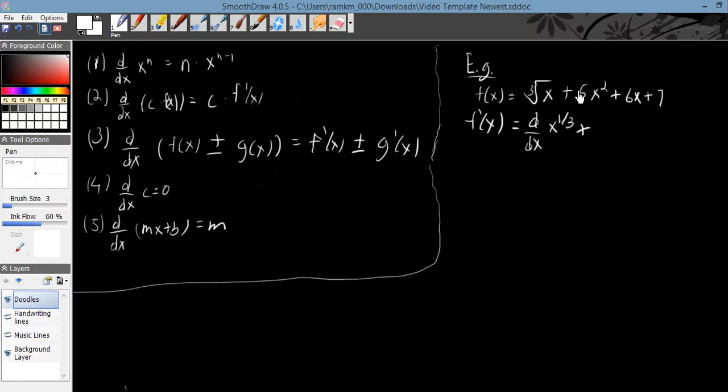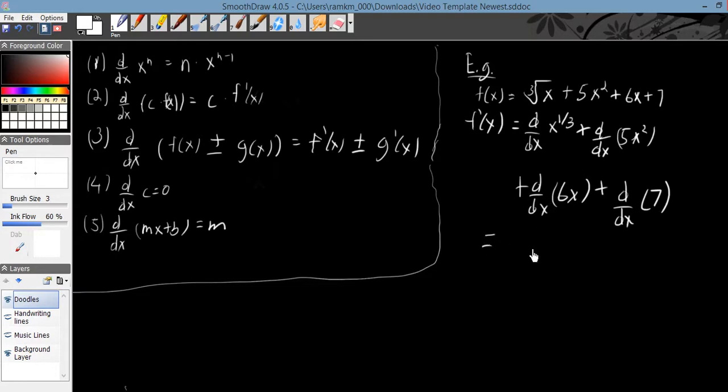Plus the derivative with respect to x of 5x squared. And then plus the derivative with respect to x of 6x. Plus the derivative with respect to x of 7. So this derivative here is just going to be 1/3 times x to the minus 2/3.